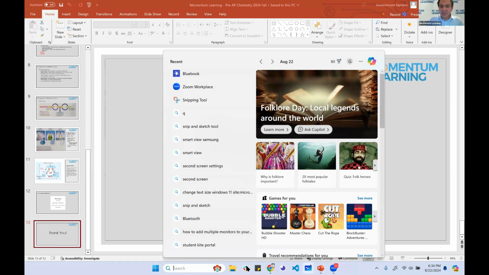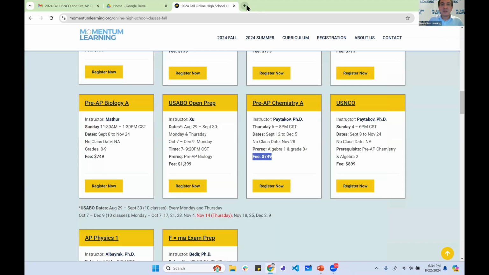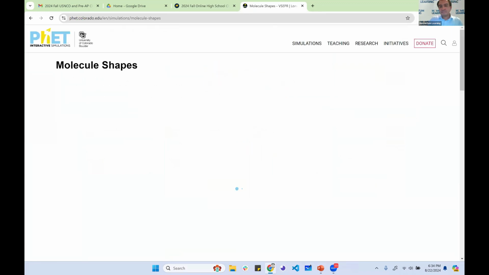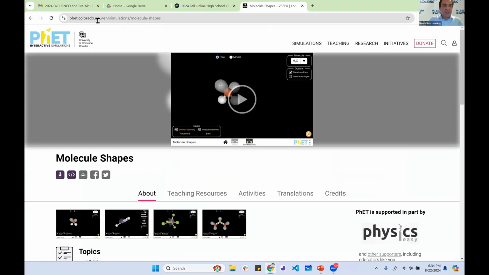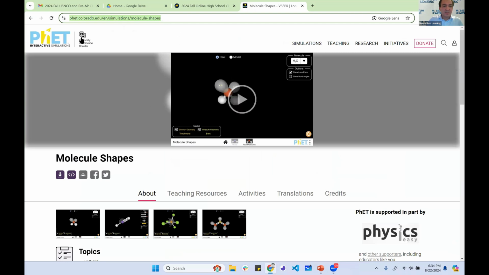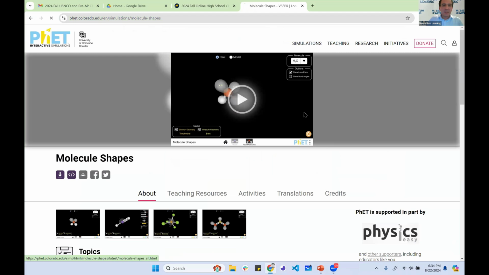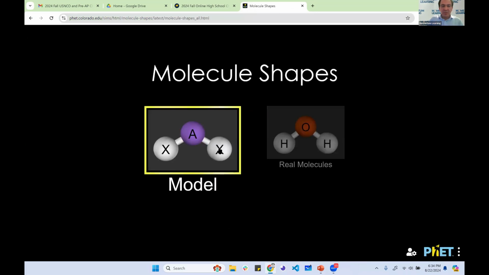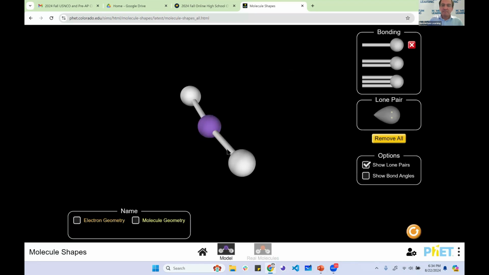I will be using this simulation website a lot. For example, this is just molecule shapes. We will be learning what shapes form.